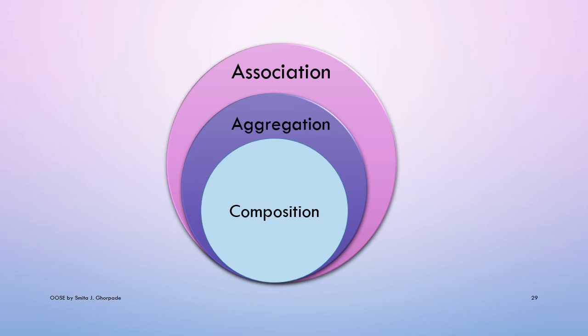Then aggregation. Aggregation is a special kind of association which shows the whole-part principle, and it is denoted by a diamond symbol. And composition. Composition is a special type of aggregation which shows the compulsory subpart of a main system, and it is denoted by a solid diamond symbol. So such relationships can be included on a class diagram.